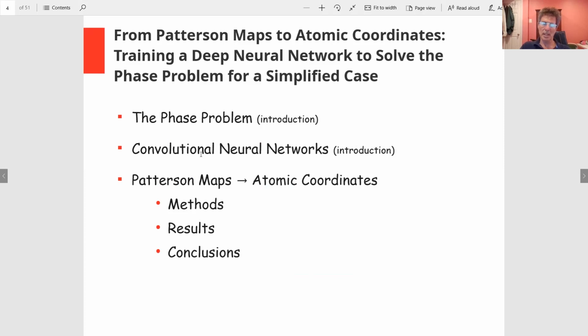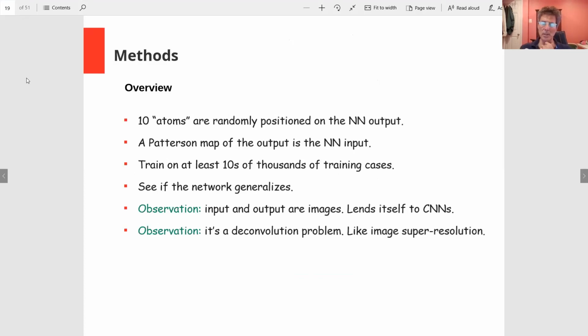Now for this second talk, I'm going to talk about the work itself: methods, results, and conclusions. So I'm skipping ahead now to the methods section.